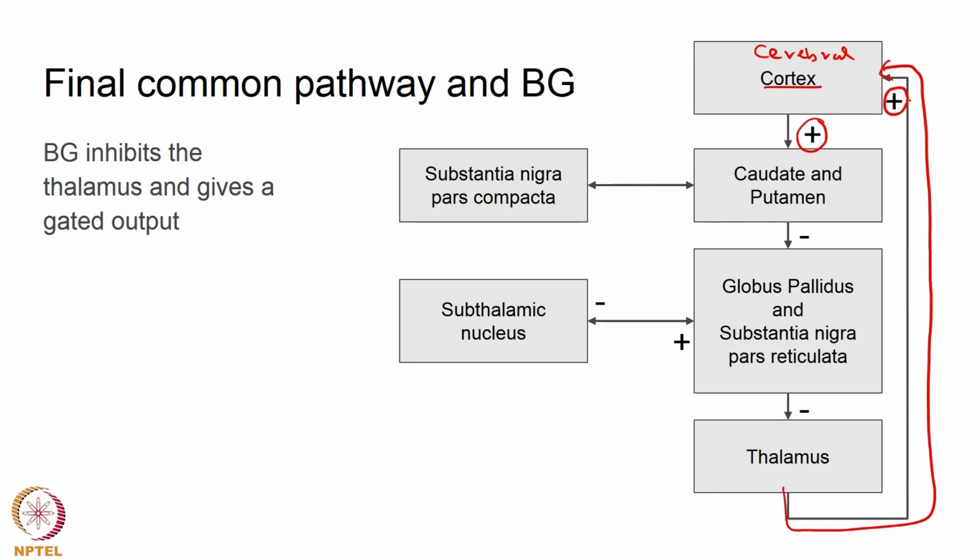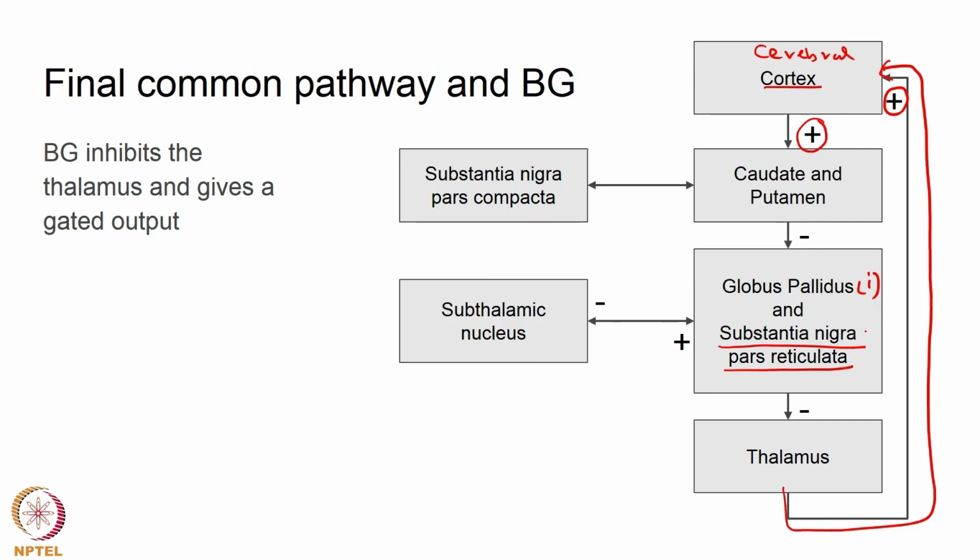These neurons are constantly, or tonically, inhibited by the globus pallidus internal and substantia nigra pars reticulata. These are the output nuclei of the basal ganglia.